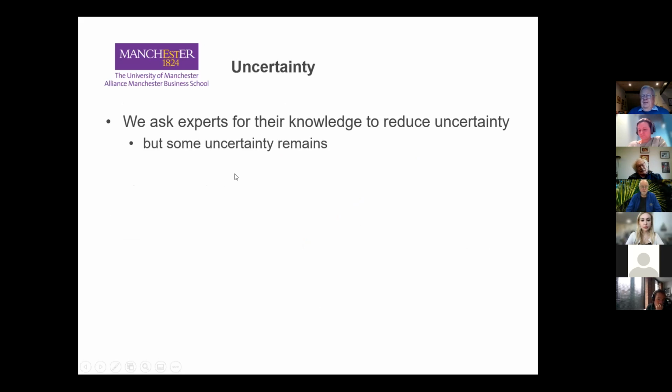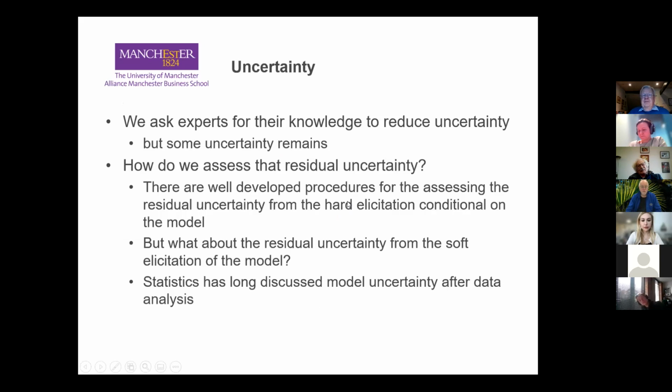And that's one. I'm coming to two more slides. We ask experts for their knowledge to reduce uncertainty, but we have to remember that some uncertainty remains. Even once you've built this model, you've got modeling uncertainty. You can talk about residual uncertainty from hard elicitation conditional on the model, but what about residual uncertainty from the soft elicitation of the model itself?